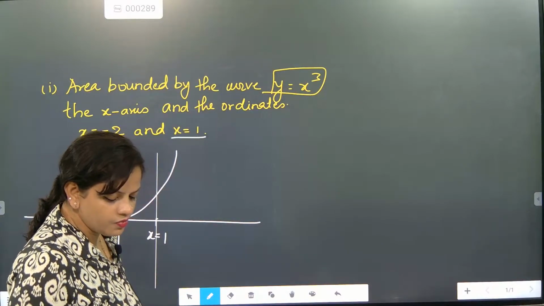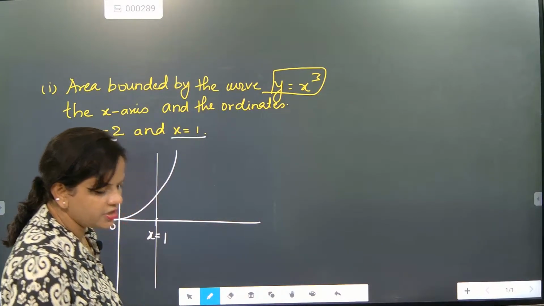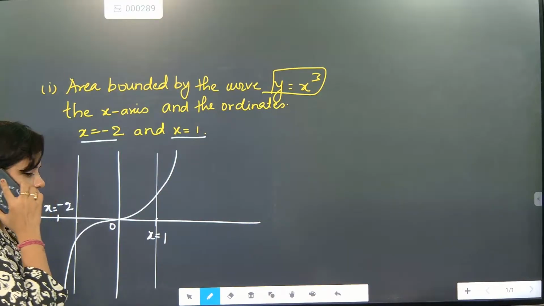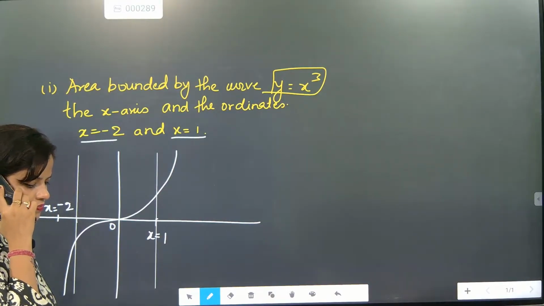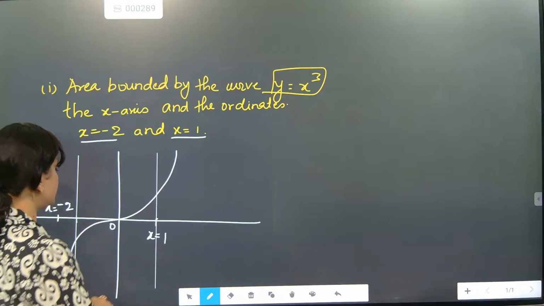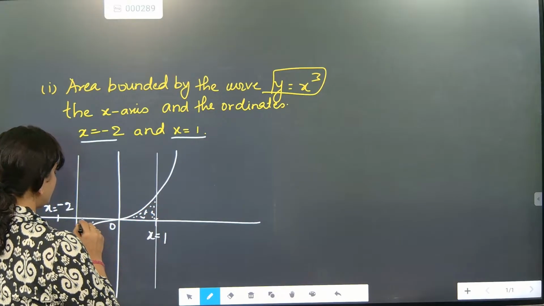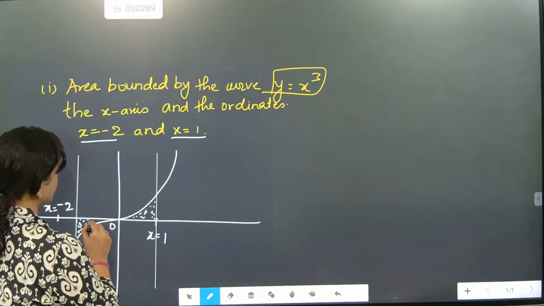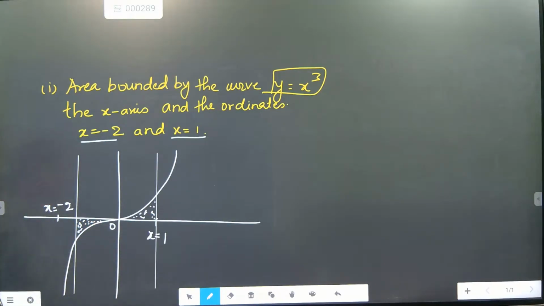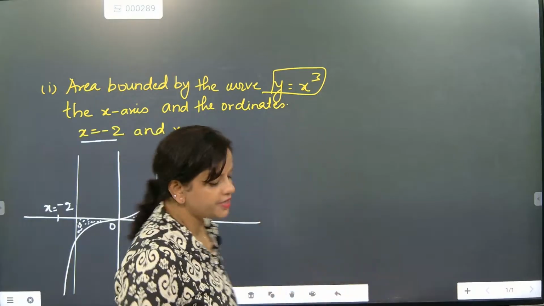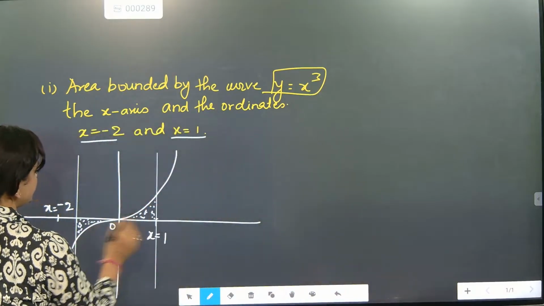So this dotted line will come and this region will come. This is the region for which we have to find the bounded part. Now we are going to find the intersecting point. So this is exactly the bounded region.